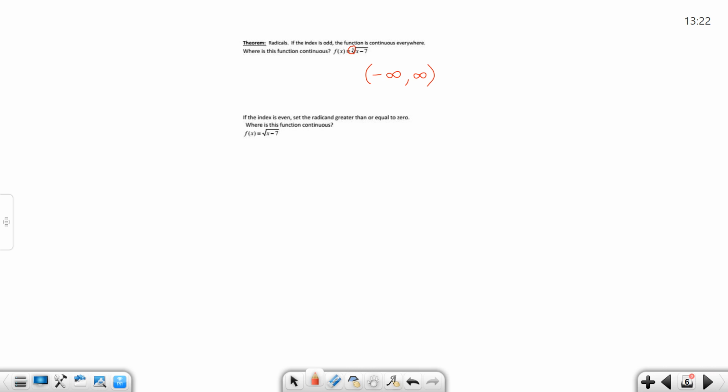All numbers would work. If the index is even, what you have to do is set the radicand greater than or equal to 0. So in other words, if you're writing down some notes, you would take your radicand and set it greater than or equal to 0. This is a square root, so the index is understood to be even, so I would take x minus 7 and set it greater than or equal to 0.